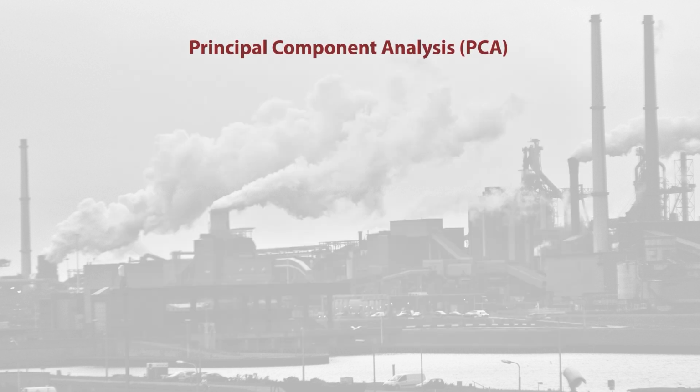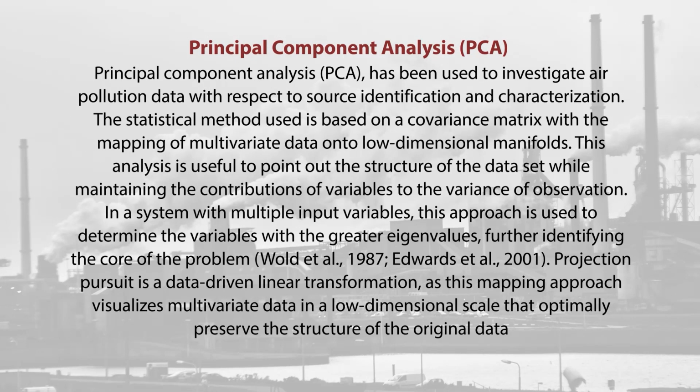Another widely used model is principal component analysis. This is again a statistical tool, also used for data reduction. The method is based on the covariance matrix from the given set of data.